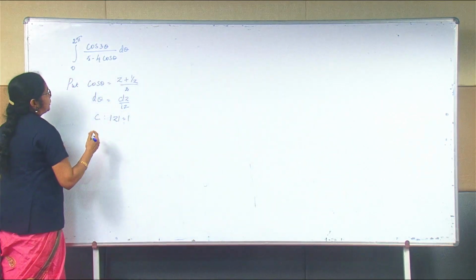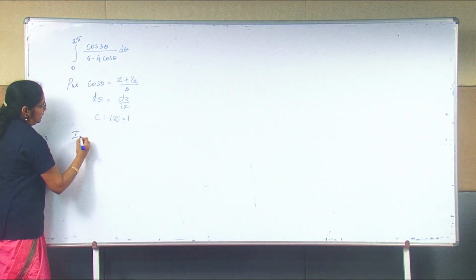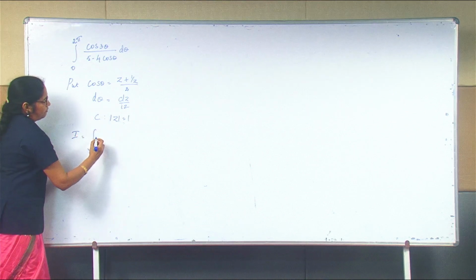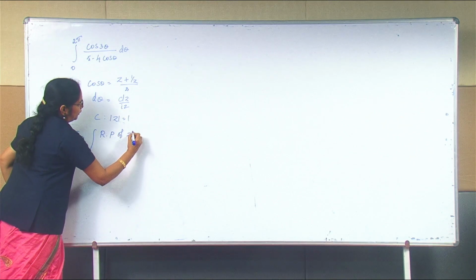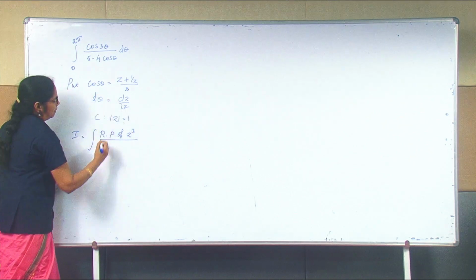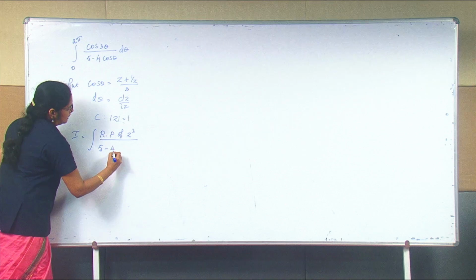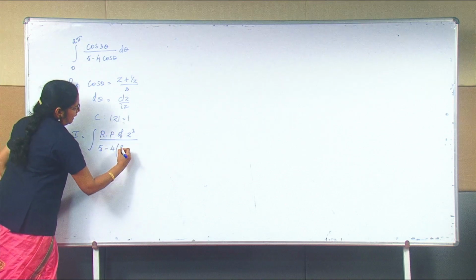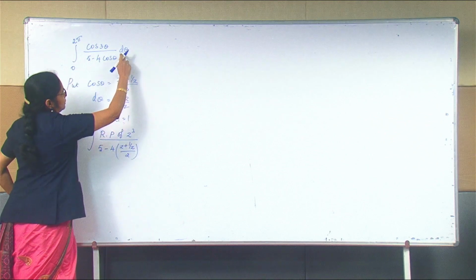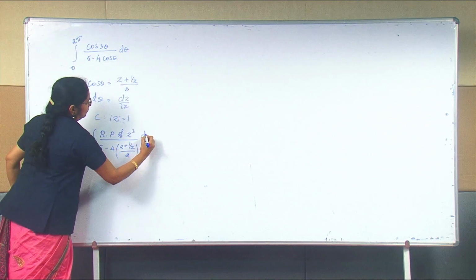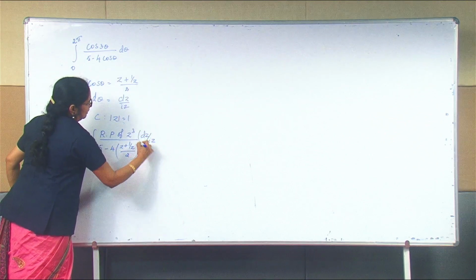The given question can be written as I is, instead of cos 3 theta, the real part of z cube divided by 5 minus 4 into z plus 1 by z by 2, instead of d theta, dz by iz.